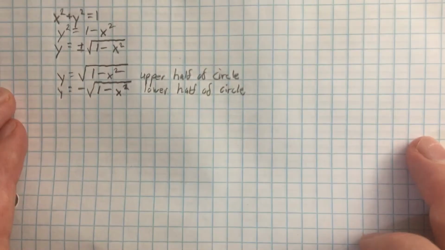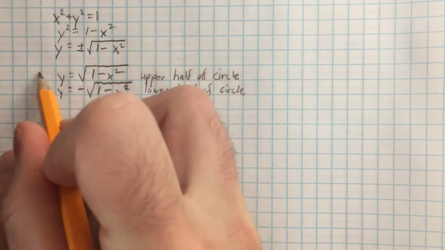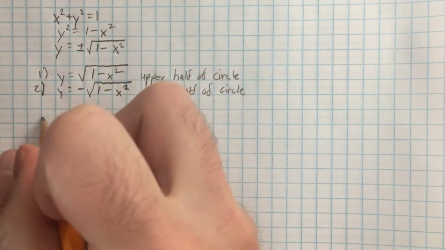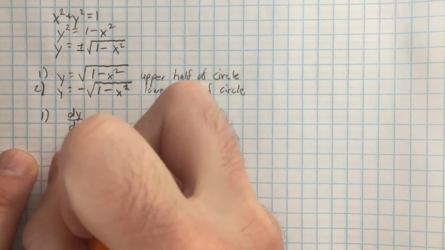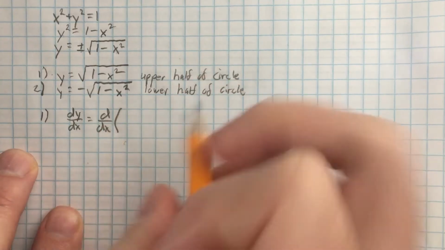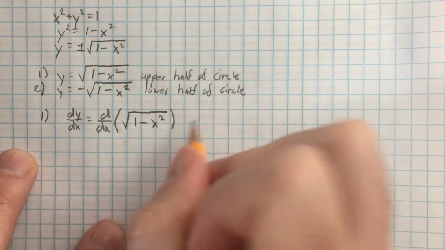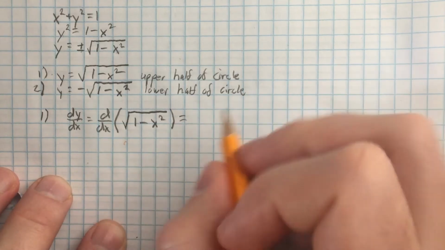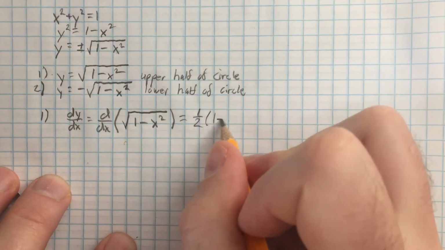So for the upper half of the circle, I call this 1, this 2, then number 1, I could find the derivative, dy dx equals the derivative operator d dx applied to the positive root of 1 minus x squared. Using the power rule, the radical is a 1/2 power, the 1/2 comes down, so I would get 1/2. The inner function stays the same.